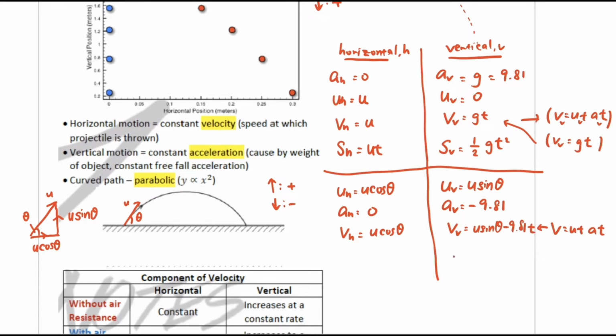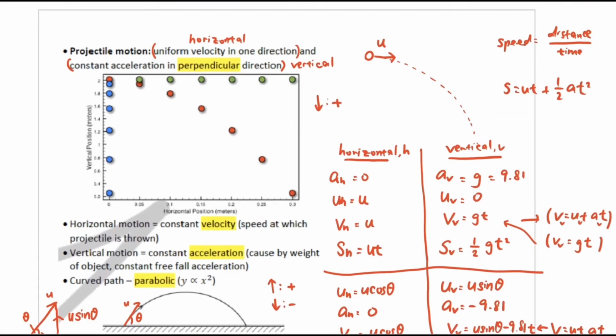So we can do it like that. Based on this formula, u sine theta is the u, then minus 9.81 is the a, then followed by the time.